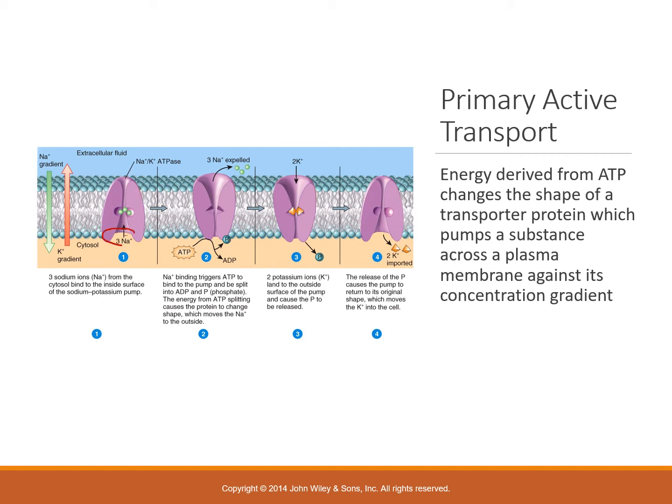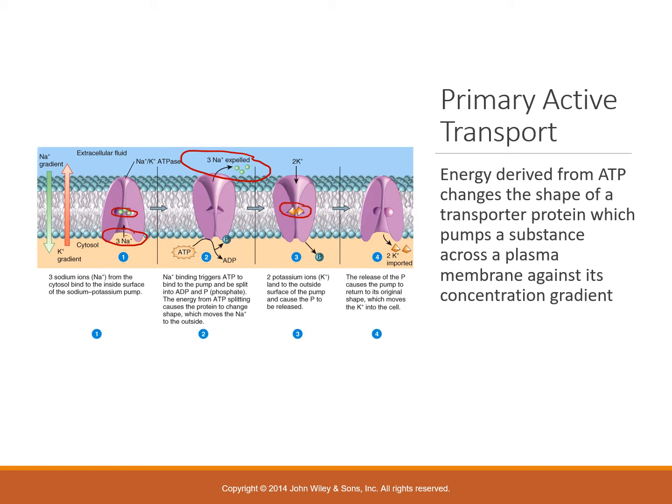First, sodium is going to be higher in concentration in the intracellular space, and so it enters into the space here in the middle on the first step. When ATP comes in, it will change shape and release that sodium into the extracellular fluid, and at the same time potassium will come in.